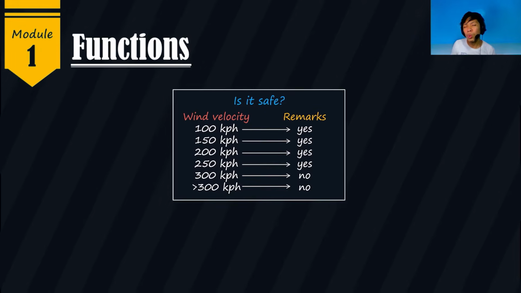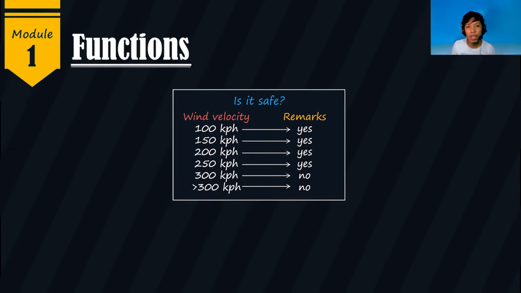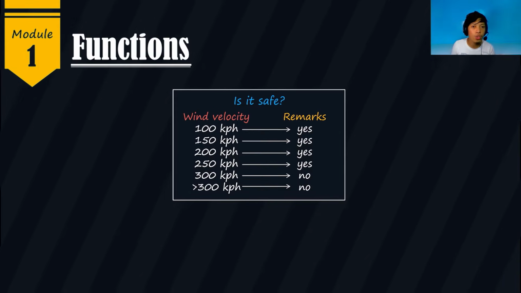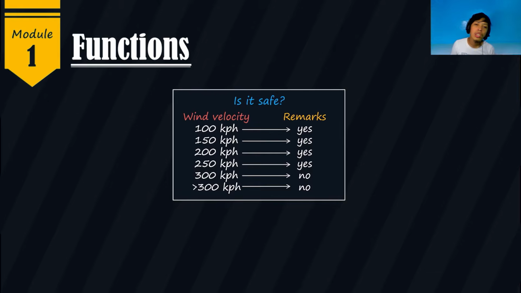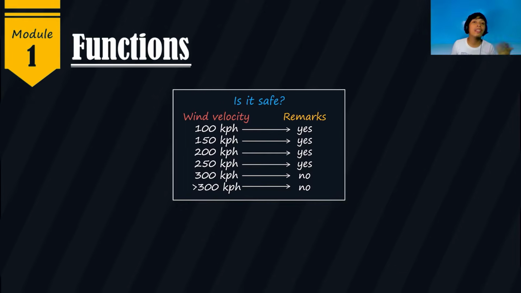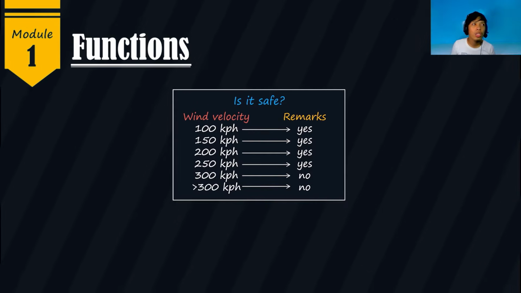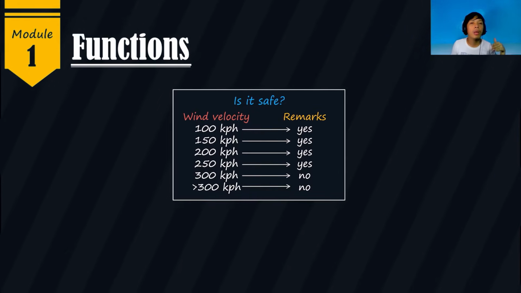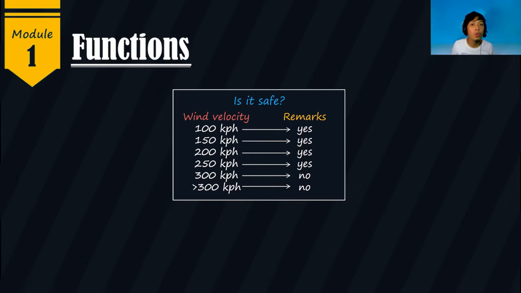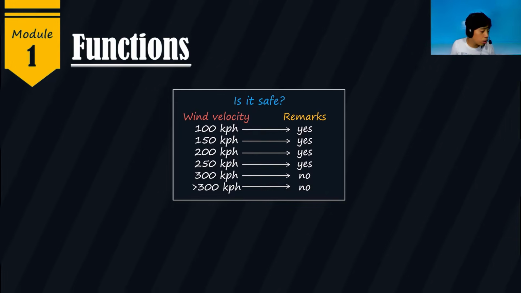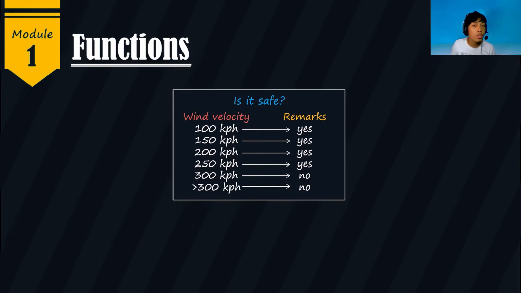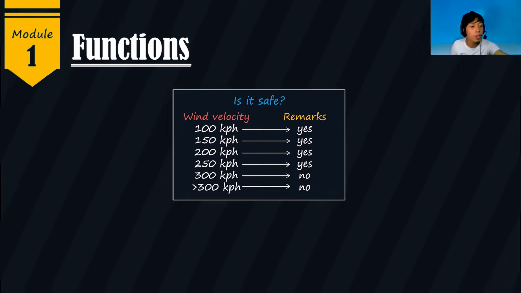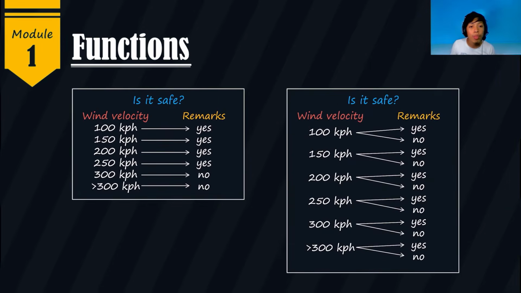So what I'm trying to say is, because of your mathematical model, which is a function, you would know the capacity of your structure, until what specific wind velocity the building can withstand. That's one of the reasons why we are using function, because it guarantees that for every single input there's only one output.